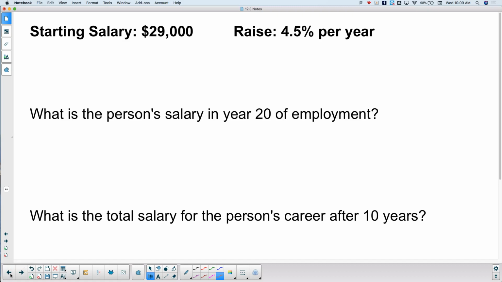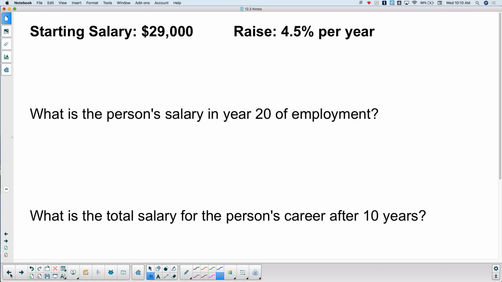The 3 examples that we have to talk about aren't very long either. So you should have at least a mod, maybe more, to work on the worksheet, fixing anything, all that fun stuff. All right. So, starting salary of $29,000. You guys are all going to get jobs sometime in the near future.